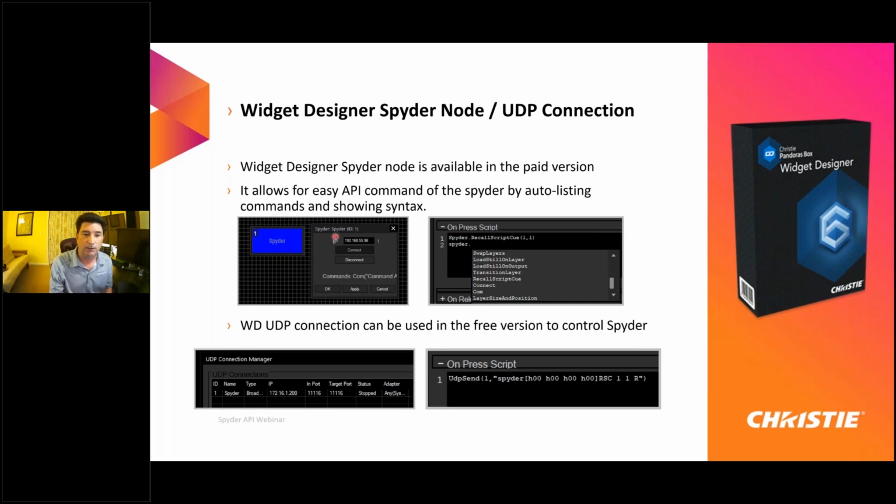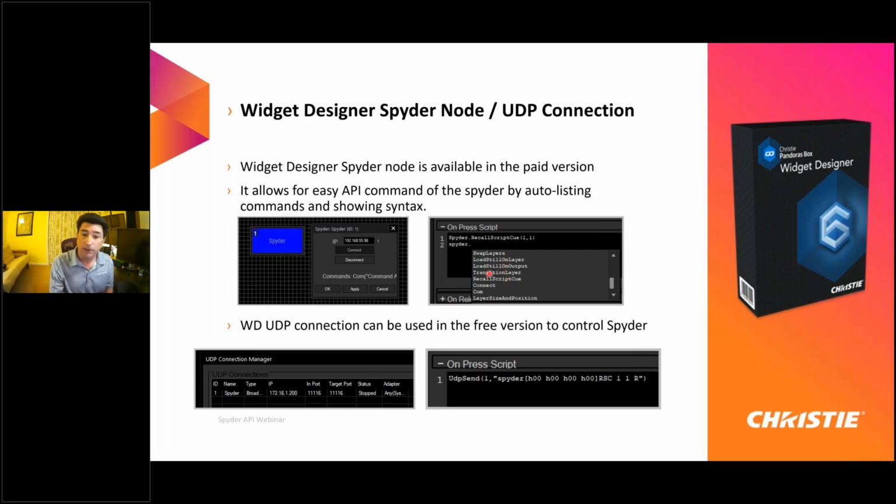You just go in and give it the information of where your Spyder is on the network, and once it knows that, you can come into the programming within your user interface. You put up custom buttons, and then I can simply type Spyder dot, and once I hit Spyder dot, this list will pop up, and these are all those API commands that we've been going over.